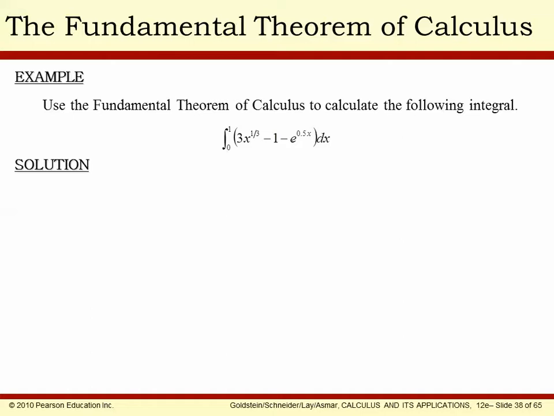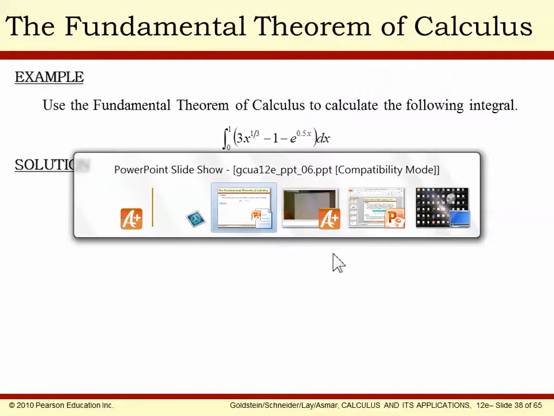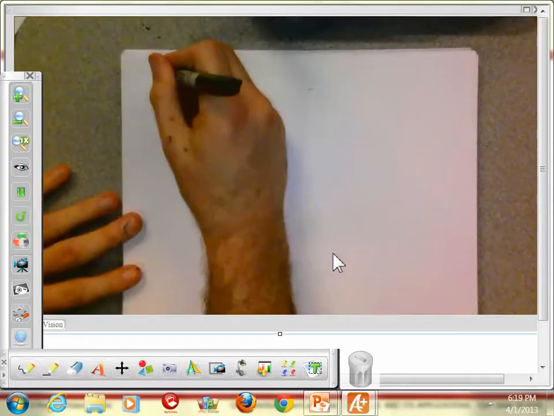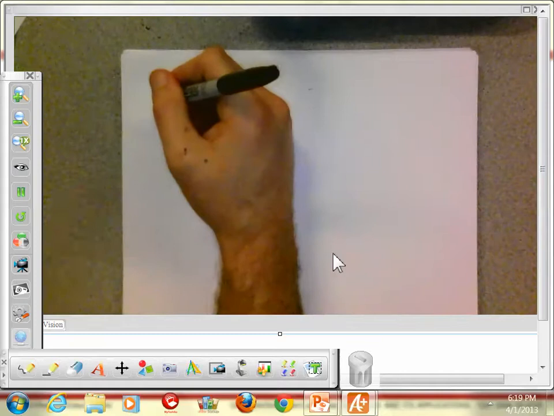So let's work on this problem. What should be our first step for solving this problem? Find an antiderivative for this expression over here. So let's do that. Let's find an antiderivative for this expression. Our goal is to evaluate the integral from, I think it was 0 to 1. Is that right?